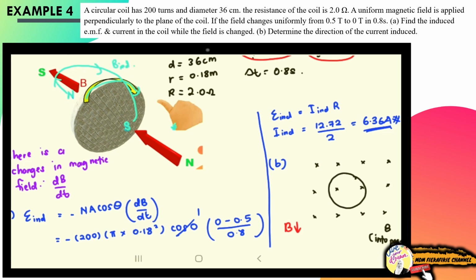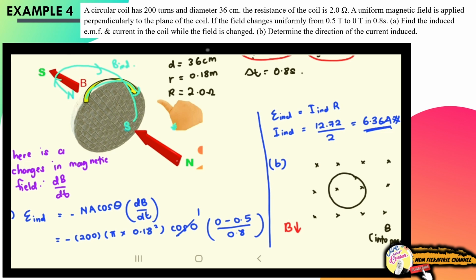Remember, at the beginning of this video, I have explained that if the magnetic field is decreasing, sama macam soalan ni, when the magnetic field is decreasing from 0.5 Tesla to 0, then the induced magnetic field will act in the same direction of the applied field.